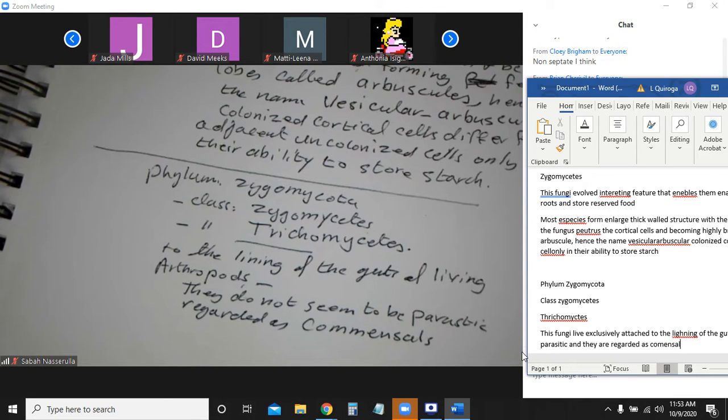Without either harming the other, but at least one is getting benefit from the other. So when two organisms live together, nobody is harming each other, but at least one gets some benefit from the other.